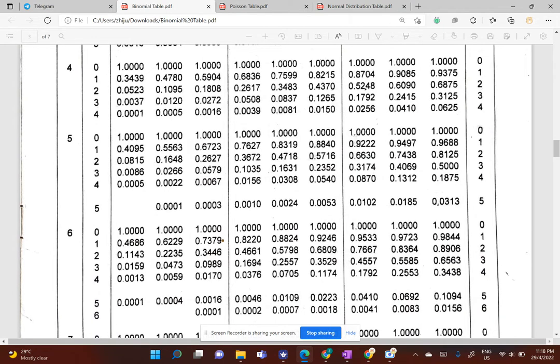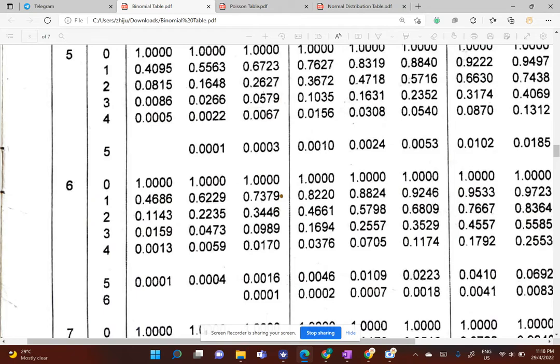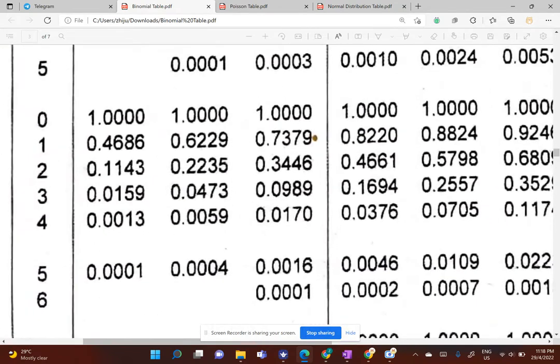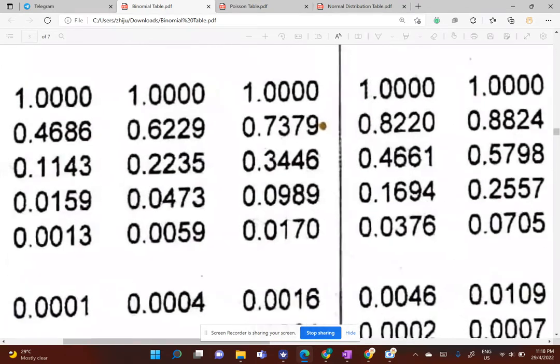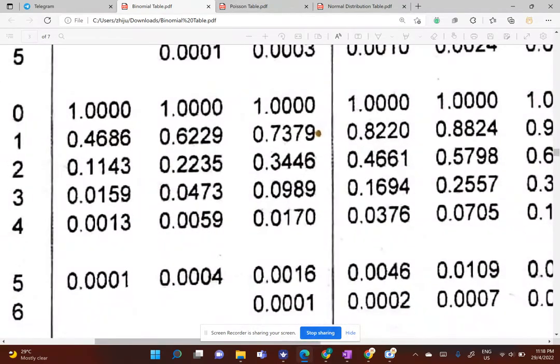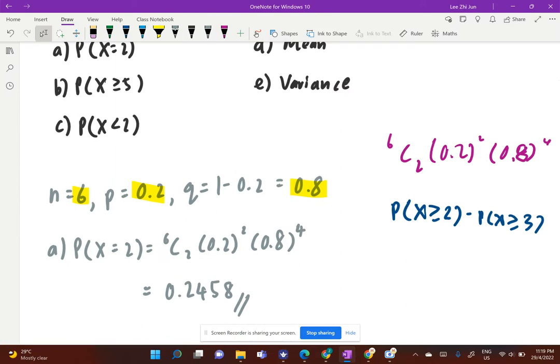So I just zoom in. For x larger or equal to 2, 0.3446, and for x larger or equal to 3, 0.0989. So 0.3446 minus 0.0989, I will get 0.2457, which is almost the same as this value.